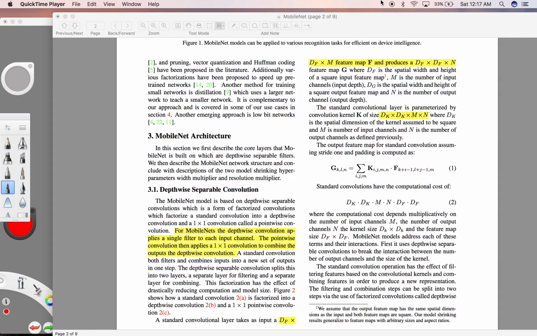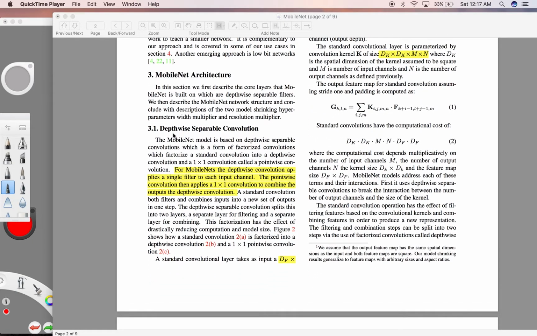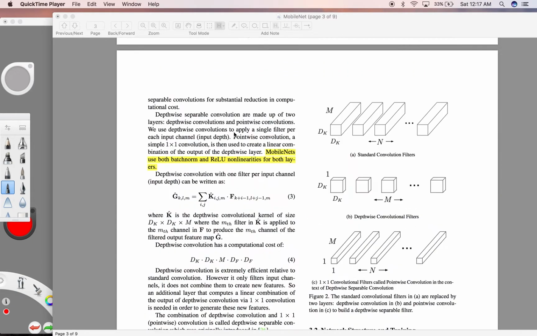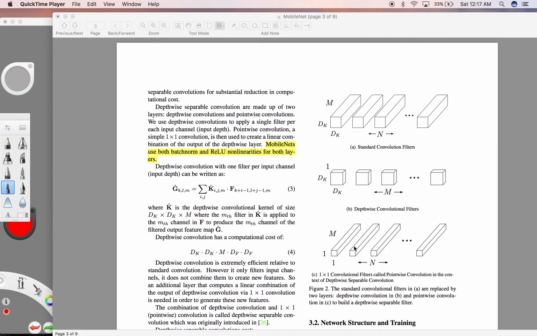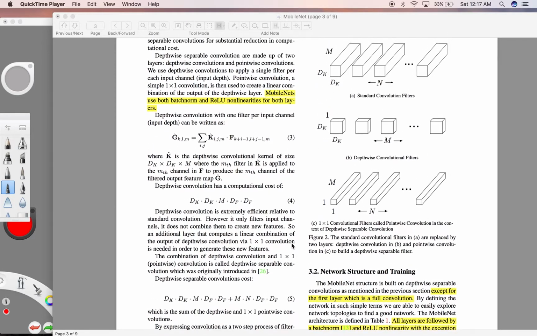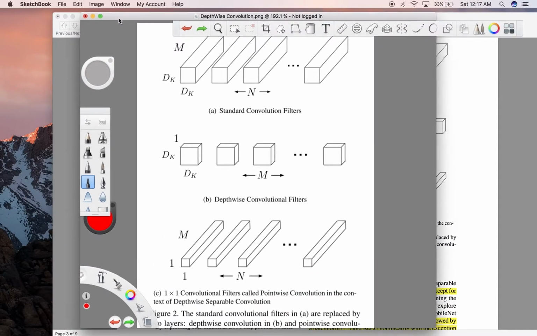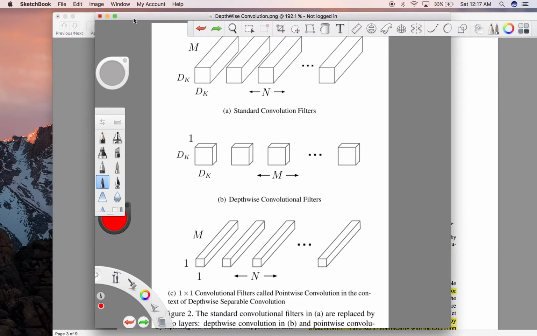Alright, so now let's see what's so special about depthwise separable convolution. Alright, so remember that one of these is one of each, right? So let's go back to the drawing board right here, and let's try to calculate how many operations we do for this first layer. So for one of these, we're going to slide it across every individual channel.